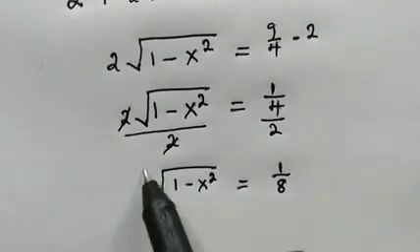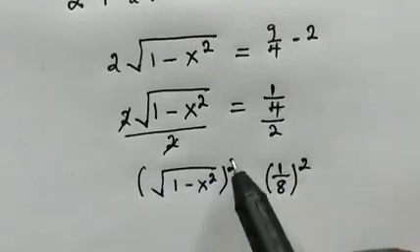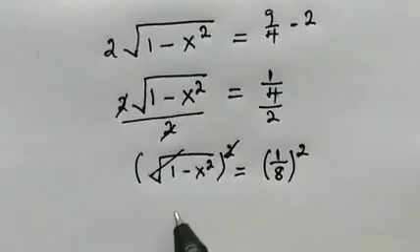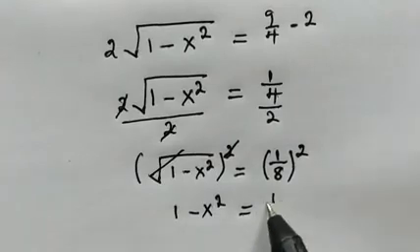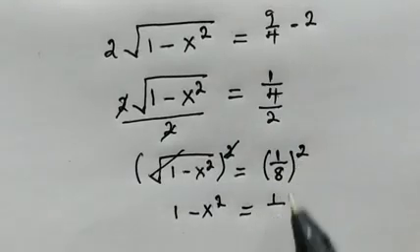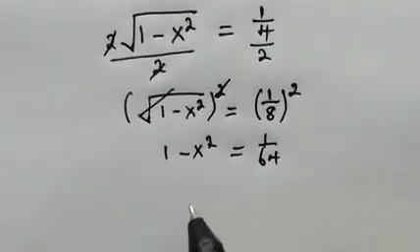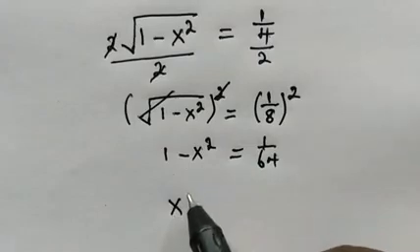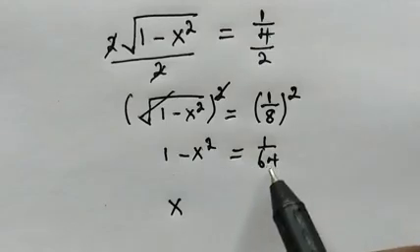Now, in our next step, let's square both sides. We cancel the square and square root, and we have here 1 minus x squared. This will be equal to 1 squared, which is 1, divided by 8 squared, which is 64. So 1 minus x squared is equal to 1 over 64.